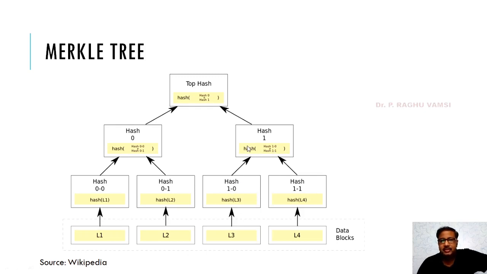Then again, hash of 0 and hash of 1 will be added and rehashed so that you get the top hash, which is called the Merkle root. So in general in Merkle trees, data items will not be available, only the hashes will be available. Okay. Now we'll see how this Merkle root is useful in the creation of a block in the blockchain.